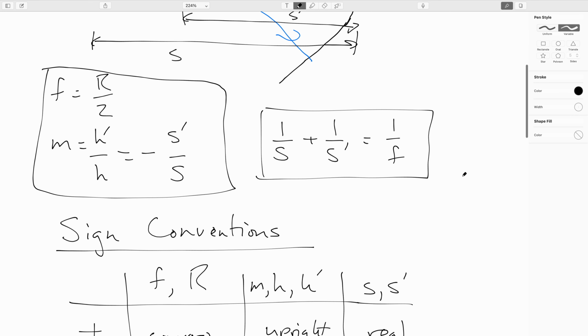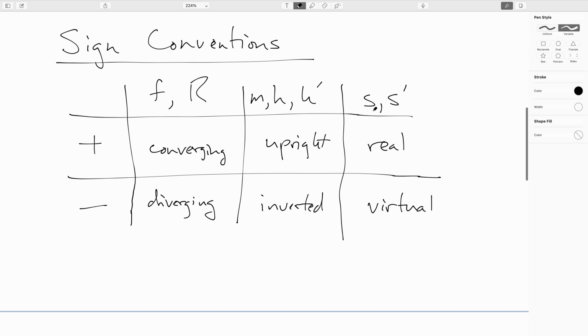It is possible to have virtual objects. However, those only come up in complicated multi-lens and multi-mirror optical systems that are way beyond the scope of our treatment. So in this treatment, all of your objects will be real objects and will have positive object distances.